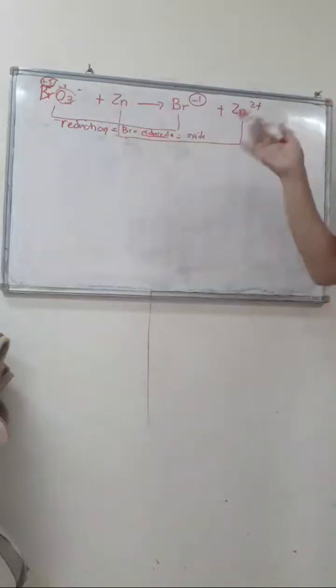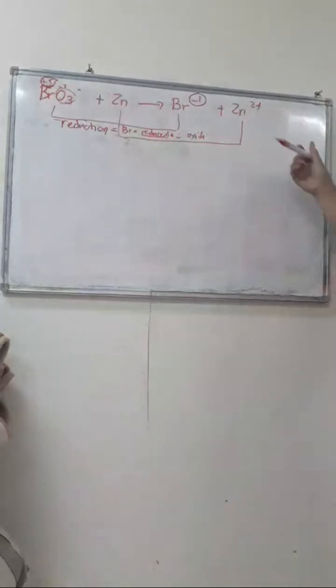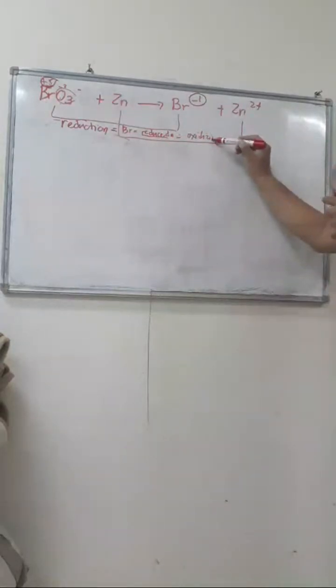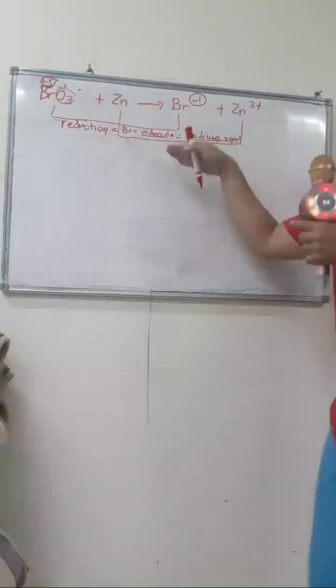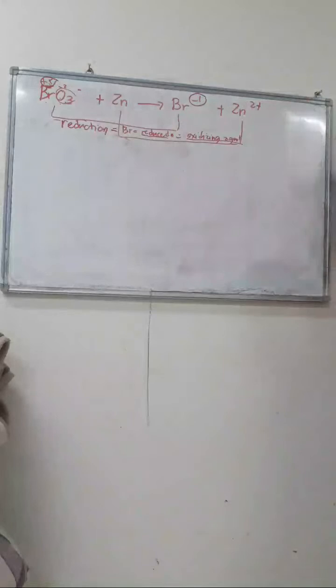So during your memorization also, it's a reverse. You don't have to take the clue, because if you take the clue, oxidized, you can say oxidizing agent, but it's the reverse. You get the point? So that during your memorization, you will never be mixed up. That's the purpose. So reduced versus oxidizing agent. Bromine is reduced at the same time as the oxidizing agent in the process of reduction. You get the point?